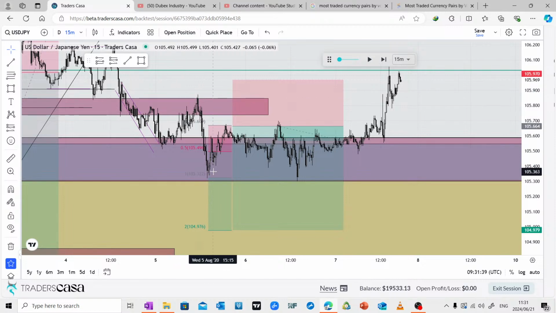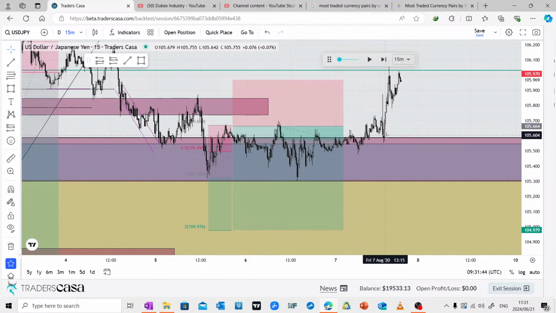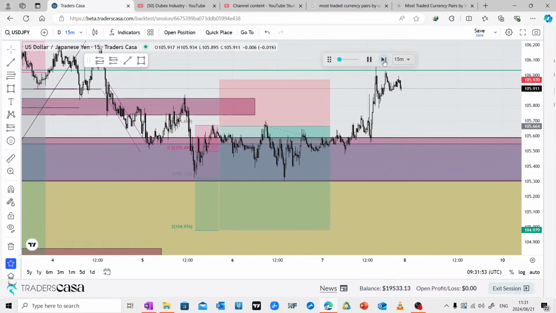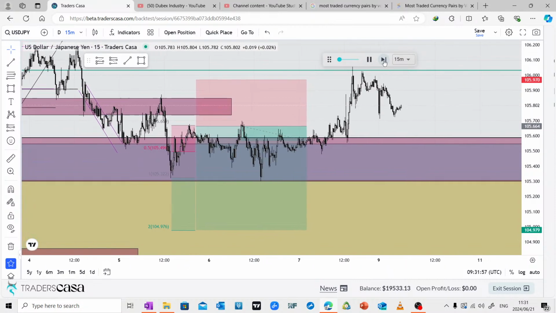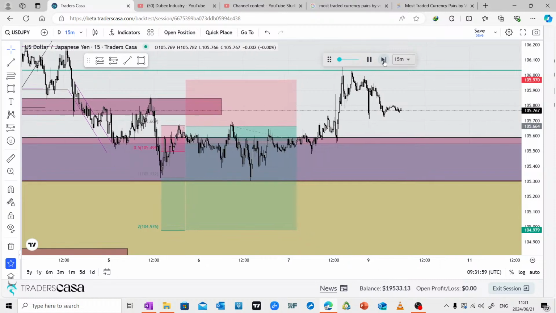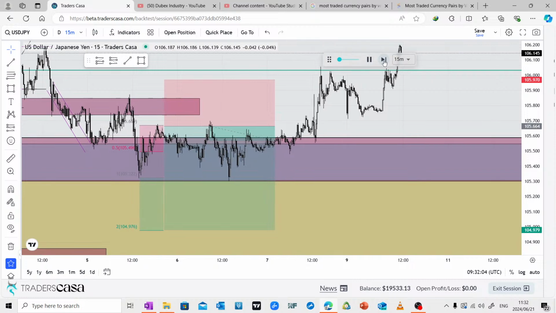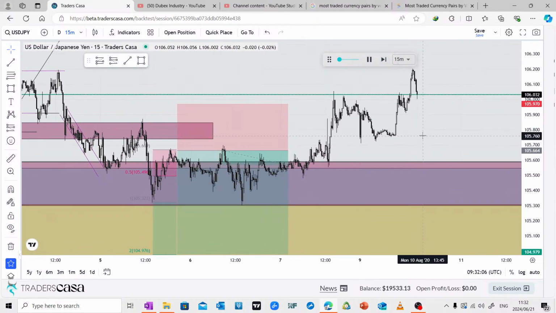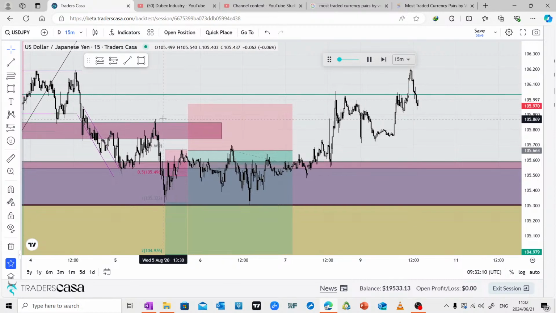I've got this range, yeah. Discount region. Expansion. Now it's possibly going for the buy side now. So it's taking out this buy side.